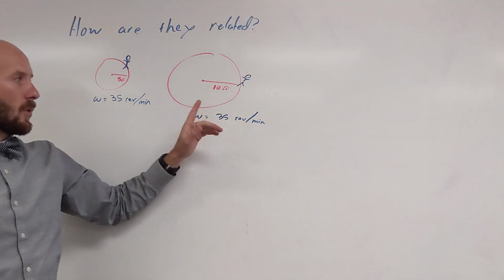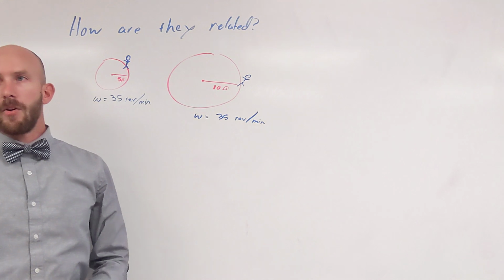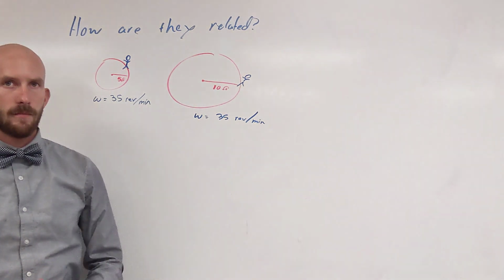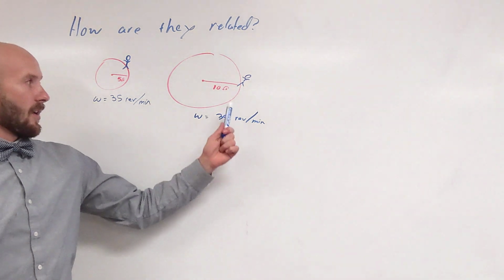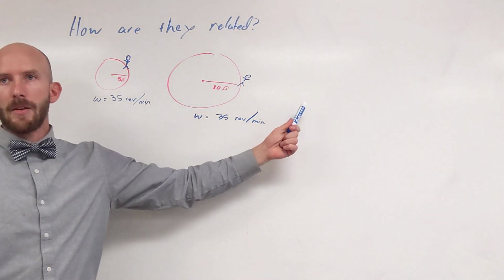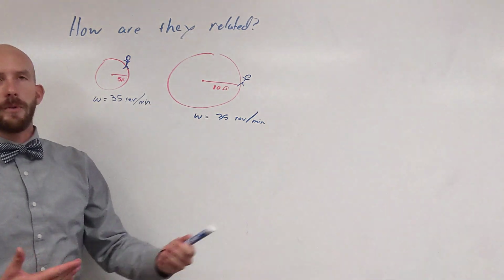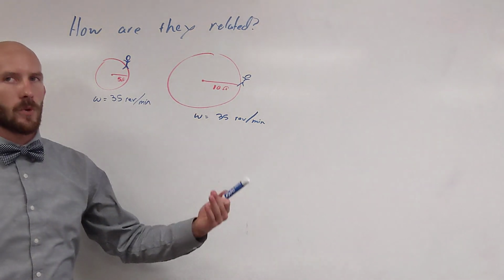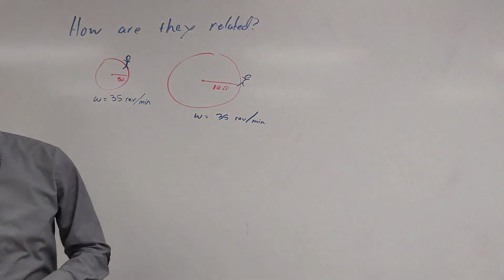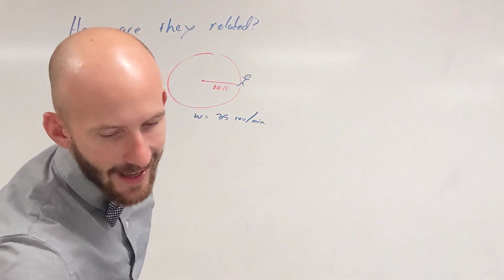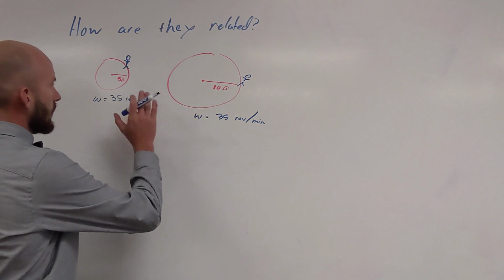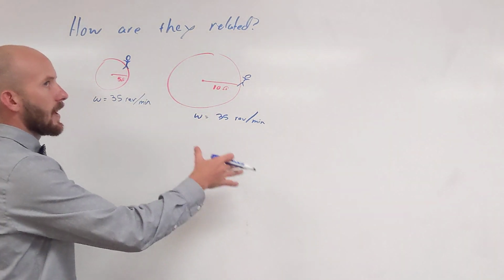So which one is going to have the greater linear velocity? The big one, the 10 foot. This one's going to go further in the same amount of time, right? The one with the bigger radius is going to have a greater velocity if the angular velocity is the same. But let's look at how, algebraically, linear speed is related to angular speed.